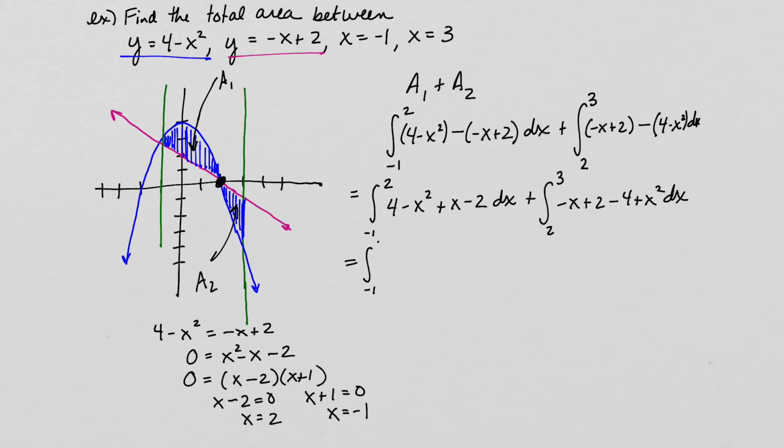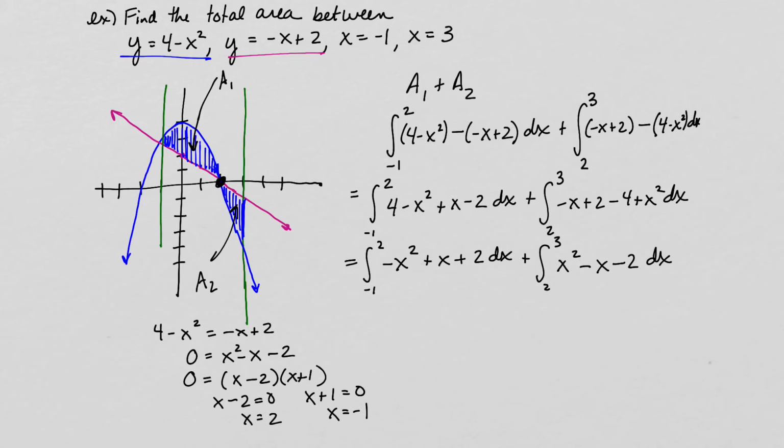Or the integral from -1 to 2 of minus x squared plus x plus 2 dx, plus the integral from 2 to 3 of x squared minus x minus 2 dx. It makes sense the two would be opposite of each other because we're flip-flopping the order of them.